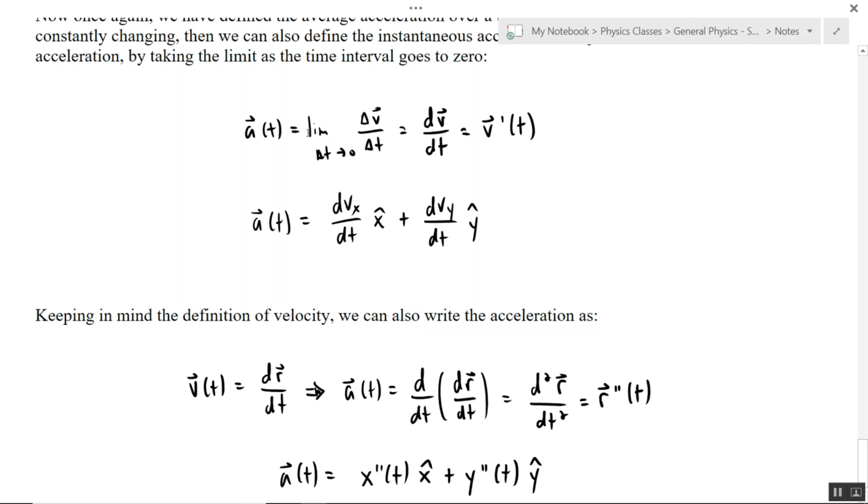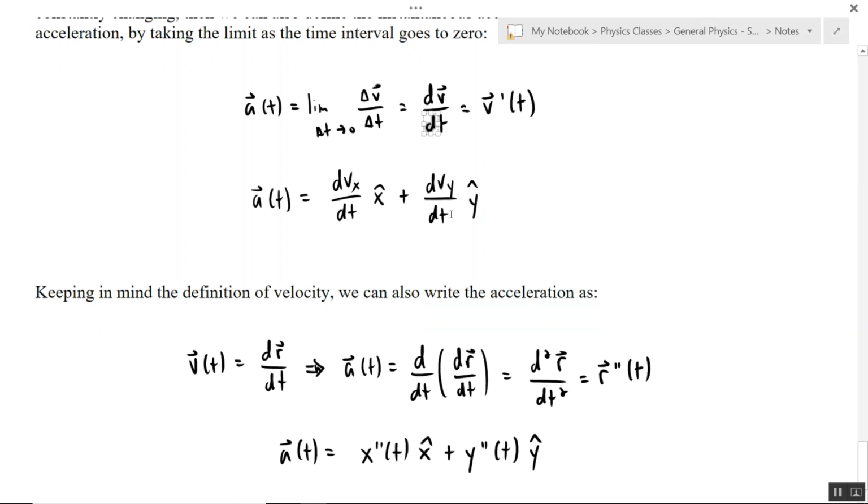And this gives you the acceleration vector at any moment in time. It's an instantaneous acceleration vector, right? Or just the acceleration vector. So what you do is you take the derivative of the instantaneous velocity vector with respect to time, and its x part, to find the x part of the acceleration vector. And you do the same thing with the y part, right? To find the y part of it.